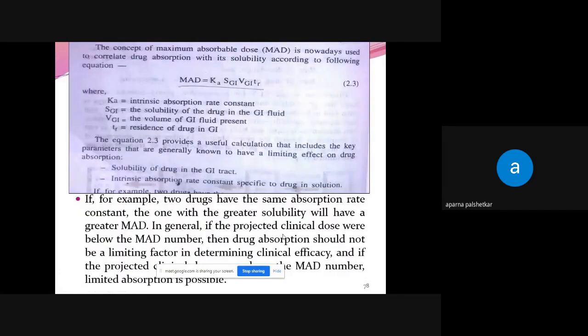Then, for example, if two drugs have the same absorption rate constant, okay, if the Ka value, what we call the absorption rate constant, is the same for two drugs, the one with the greater solubility will have a greater maximum absorbable dose.